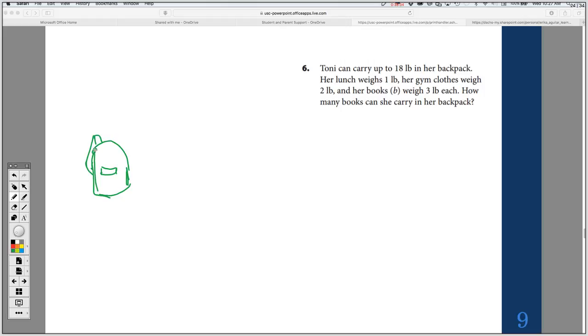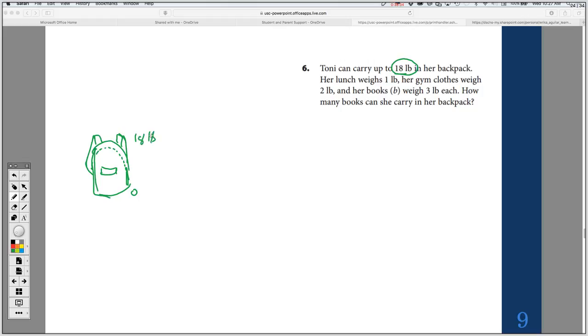So you can carry a total of 18 pounds. So this is from 0 to 18 pounds. Okay. Her lunch weighs 1 pound. So if you think about 1 pound, it'd probably be about that much shaded. I'm ruining my drawing. We're going to do a highlighter instead.